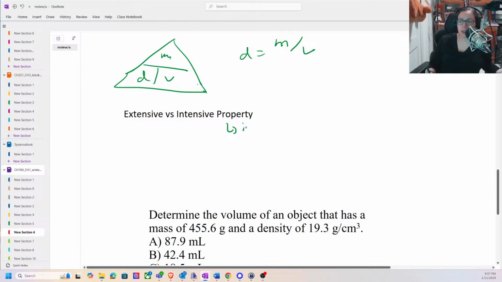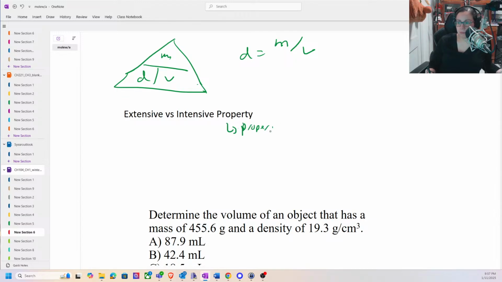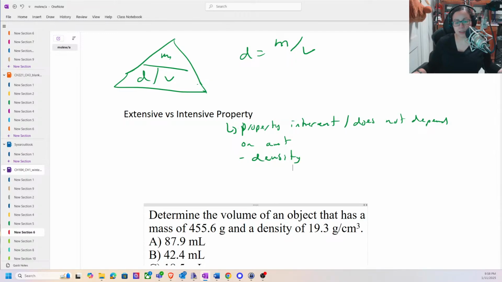This would be a property inherent to the substance and does not depend on amount. Density is one of those examples that helps us to identify substances, so we can figure out the density of unknown metals, and that would be helpful.